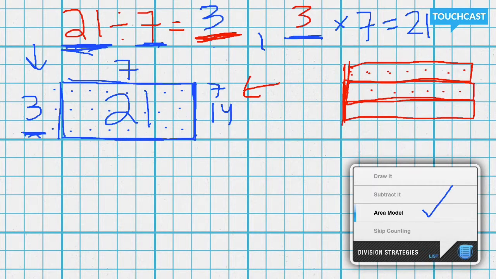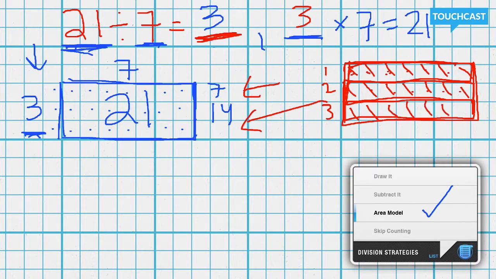And notice if I outline this box overall, this is the same as this. Pretty cool, huh? So this also shows that 3 groups of 7. We have 1, 2, 3 groups. There's 7 in each group, and if we count them up, we know we should get 21. Let's see. 1, 2, 3, 4, 5, 6, 7, 8, 9, 10, 11, 12, 13, 14, 15, 16, 17, 18, 19, 20, 21.